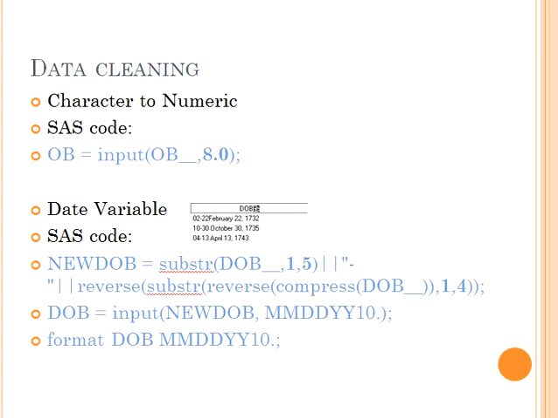The first thing I did was to change a character variable to a numeric variable. The only variable that has been changed is the order of birth. Then I noticed that the date variable is in the wrong format.